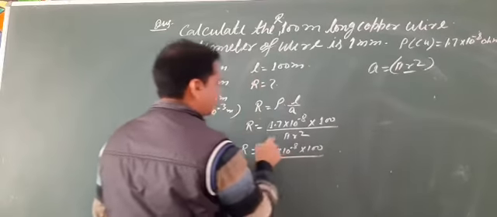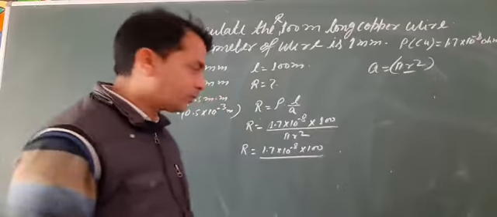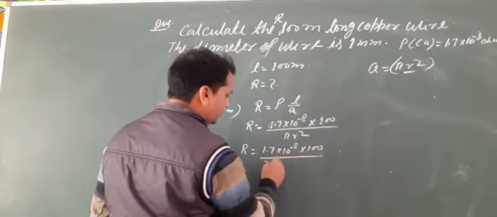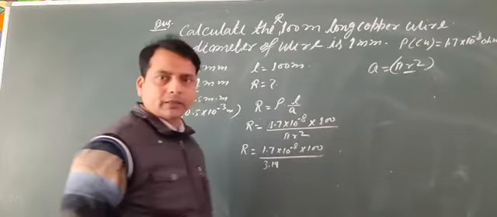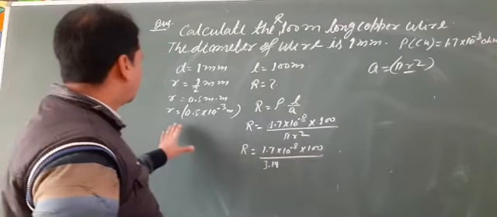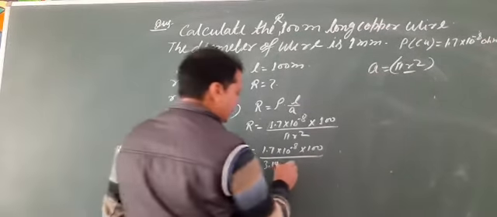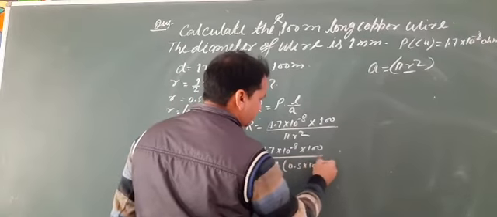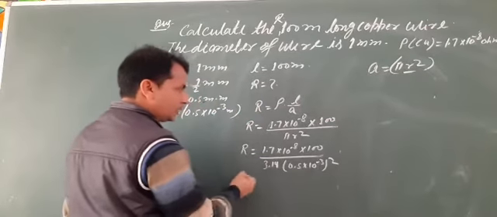The value of pi, you know, is 3.14, and in place of r we put 0.5 into 10 to power minus 3, whole square.